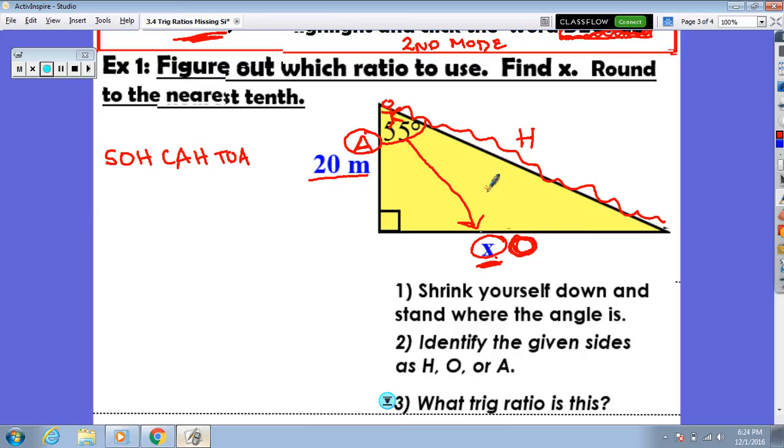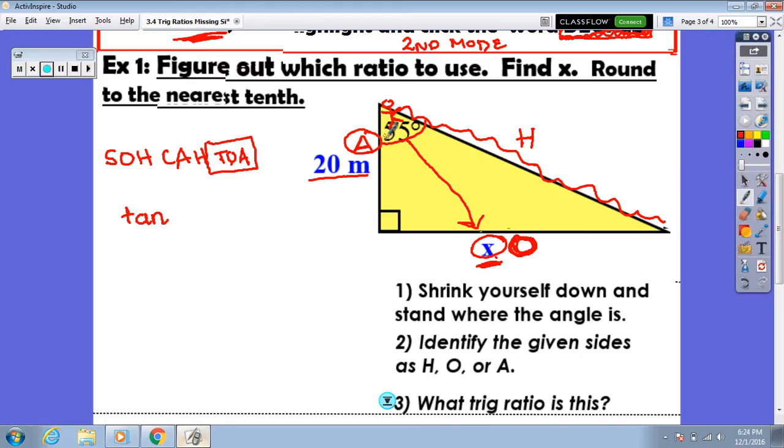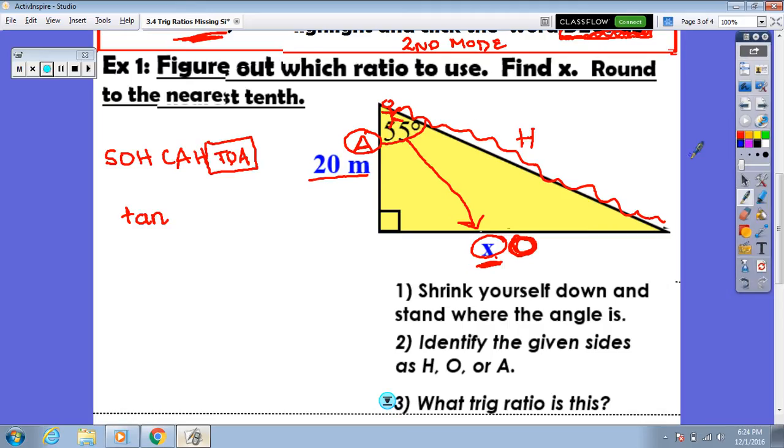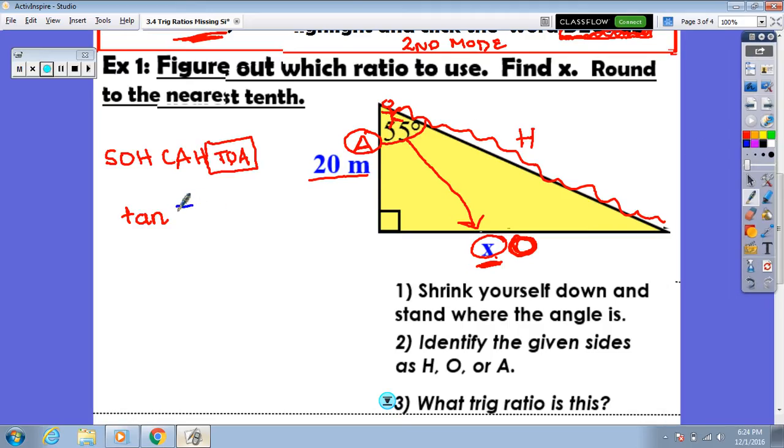So we need something that has O and A, and that is going to be the tangent function. Notice it has opposite and adjacent, and the T means we're using tangent. We're not going to put tangent of x or tangent of theta, because they gave me the measurement of my angle. My angle is 55 degrees. So that is what's going to go in here instead of theta or x.